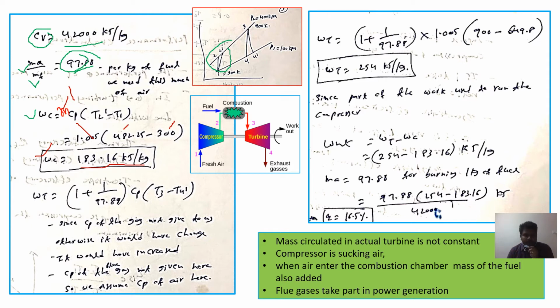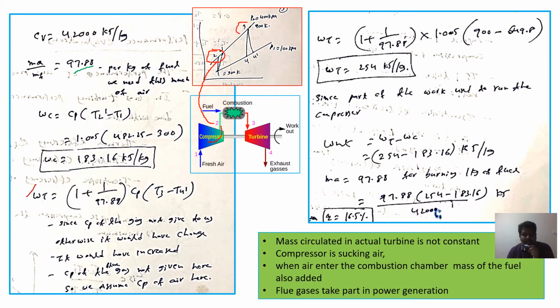Similarly, we can find the work done by the turbine. In the TS diagram, at point 2 only air will be there. In the bottom figure you can see at point 2 only air will be there. That air is coming from the compressor.